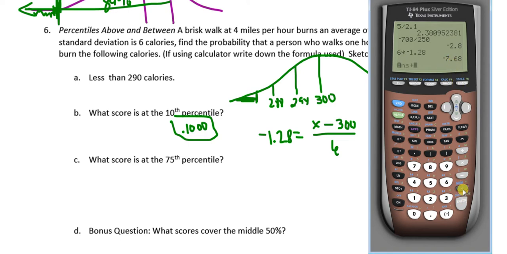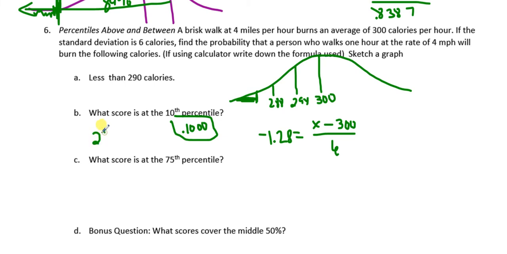So I add 300 and get 292.32. And that's calories, that's what we're talking about here. The 10th percentile only burns 292 calories.